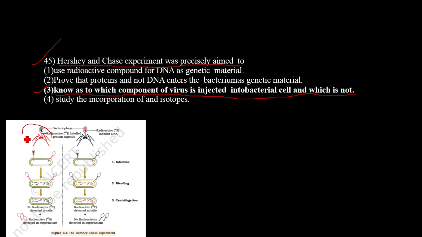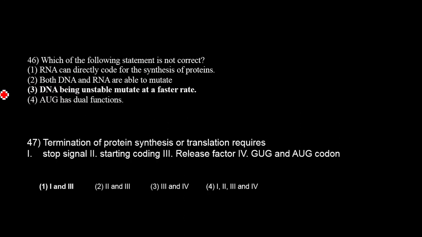If you see the virus, that is bacteriophage, it contains two components, proteins and DNA. They wanted to know which material, protein or DNA, enters into the bacteria and destroys the bacteria from the virus. That is the aim of the Hershey and Chase experiment. Question 45, option 3 is the correct answer.